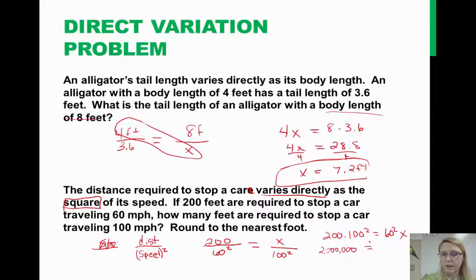And 60 squared is 3,600. Now I'm going to take 2 million, divide that by 3,600, and I get 555.5. It's a repeating 5 actually, but we're saying just 555.5 for x. So it takes a car 555 feet to stop if it's going 100 miles per hour.